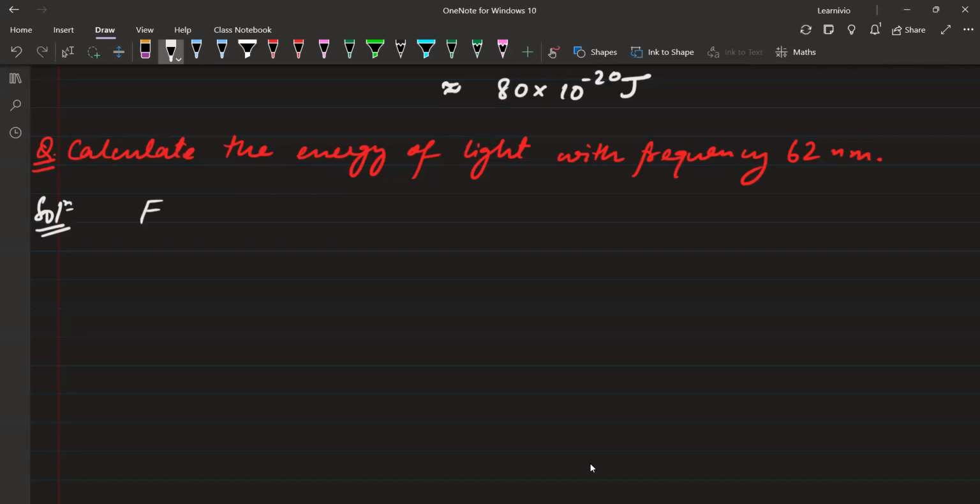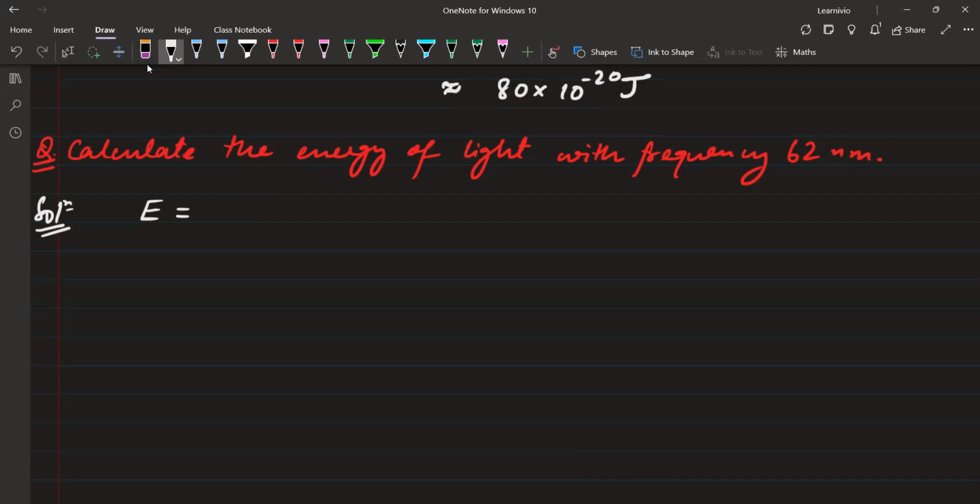What is the formula in terms of electron volt? I can write E is equal to, when wavelength is in nanometer and I want the energy in electron volts. What's the formula? Zainab, have you written the formula? E is equal to hc by lambda.